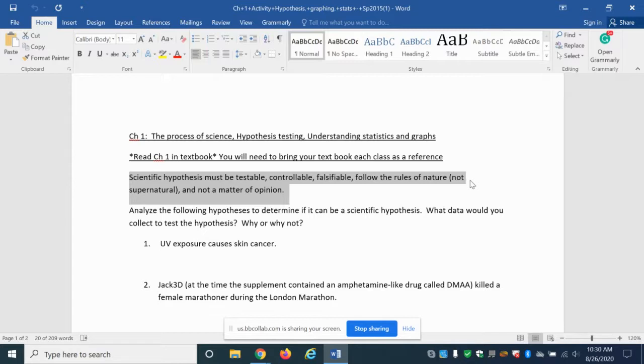It also must follow the rules of nature, meaning it is not supernatural. So science cannot test that. It's not saying that that's a bad way to know, or that it's not a way we can know things. It's just saying that the scientific method cannot apply to those scenarios. And also, it's not a matter of opinion. So we cannot have a scientific hypothesis be a matter of opinion.